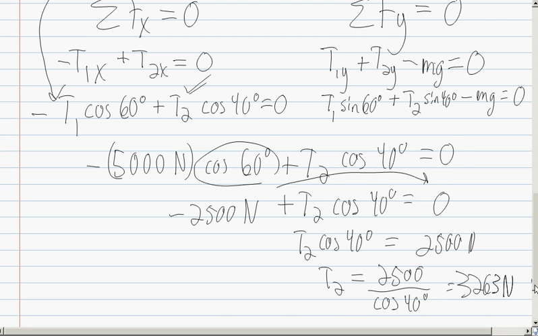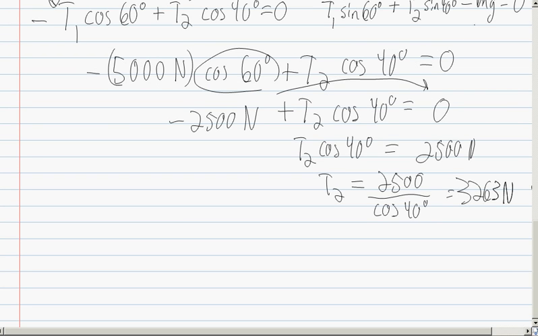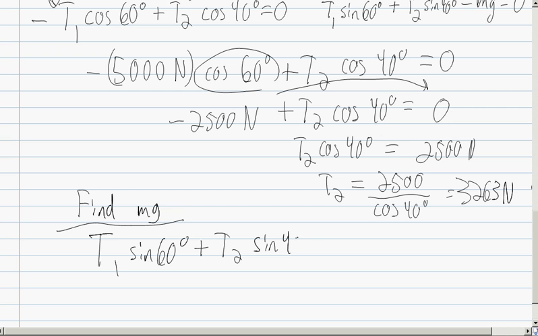That's going to help a lot over here, isn't it? Because now we're going to find mg, because T1 sine of 60 plus T2 sine of 40 is going to equal mg.